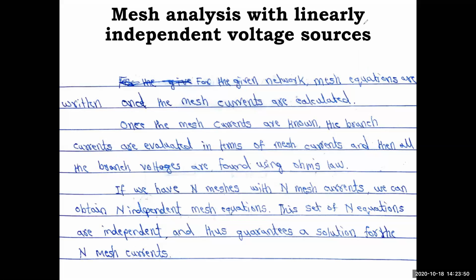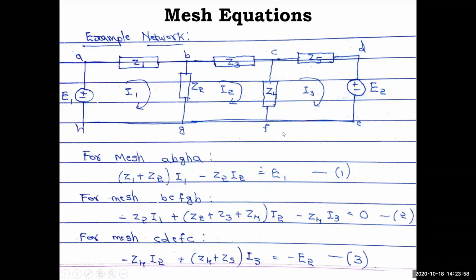That is to do with the independent voltage sources. So if you have independent voltage sources, we will now see an example network and how to write the equation. Instead of writing R1, R2, I have written in terms of Z, because we are analyzing with respect to AC also. So Z means impedance in an AC network. This Z is given as R plus jX.